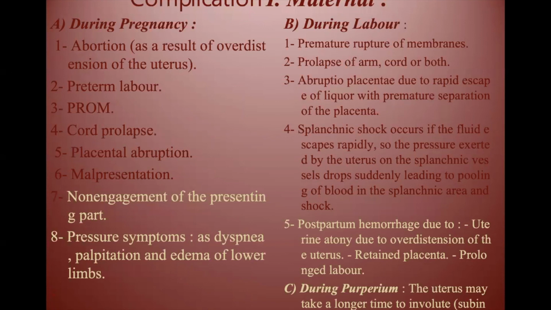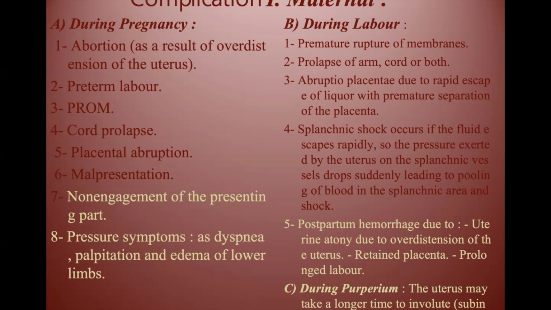During pregnancy, we may have abortions, preterm labors, preterm ruptures of membranes, cord prolapse, placental abruptions, malpresentation, non-engagement of the presenting part, or pressure symptoms such as dyspnea or palpitation and edema of lower limbs.